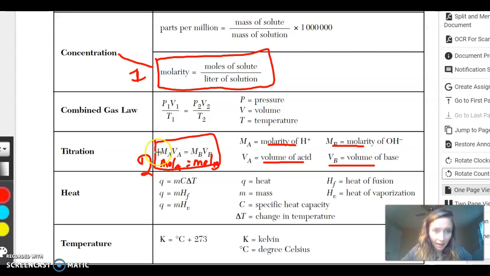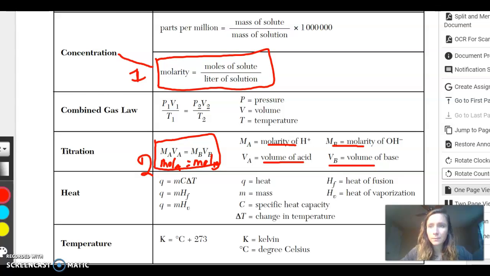I just added n to each side to account for the fact that there are some acids that have multiple protons that they will give off, and there are some bases that have multiple hydroxides that they will give off. So it's the same equation, just with n written on both sides.